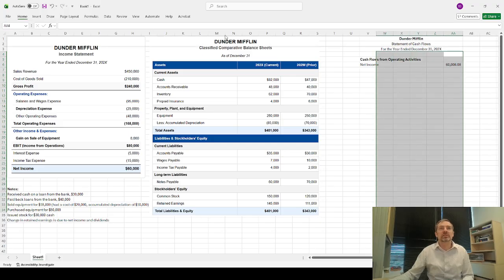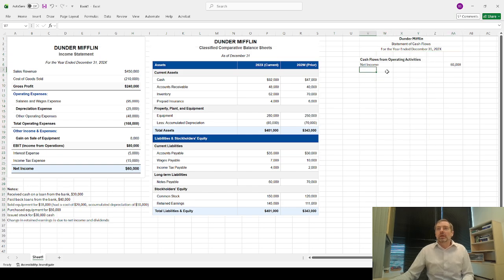Let's make this look a little bit nicer. And then we could have a title for adjustments for non-cash items. Sometimes it's just going to go right into the adjustments, but I like specifying that these are adjustments for non-cash items. In this case, the non-cash item that we're most concerned about is depreciation.